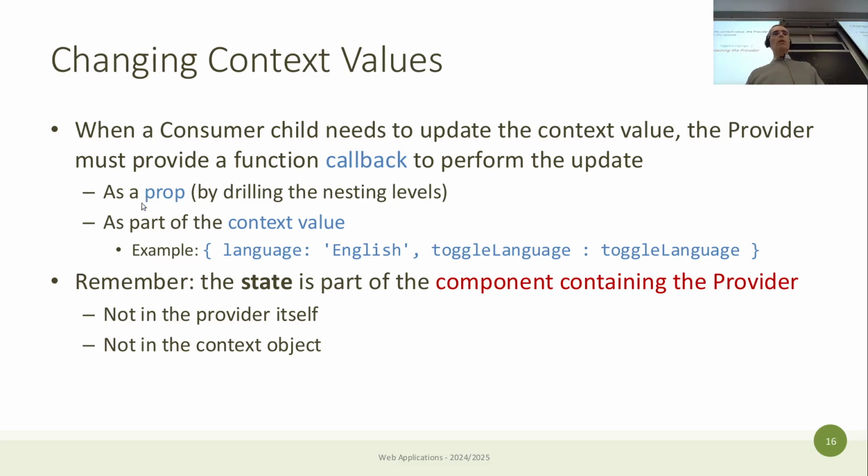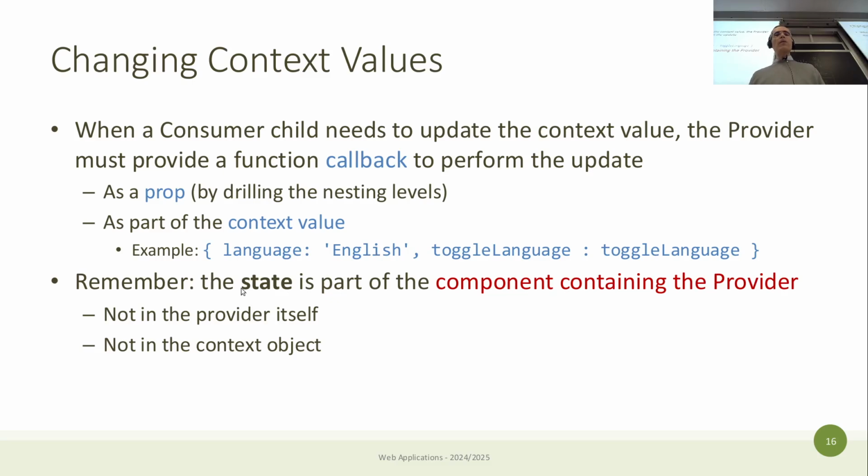Of course, you are free to use the traditional way using props, but you can just pass an object instead of a single value inside the value of the context. One value can be text, strings, numbers, and so on. Another value can be a function, and you can use that function to change something that is used inside the context, like a state.